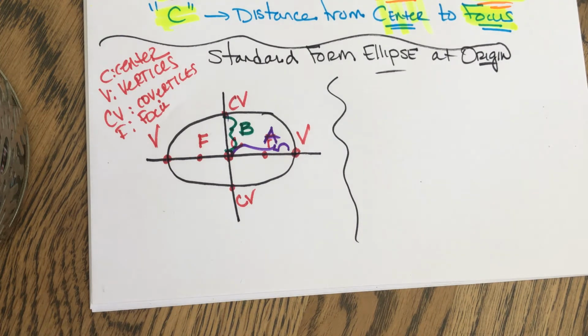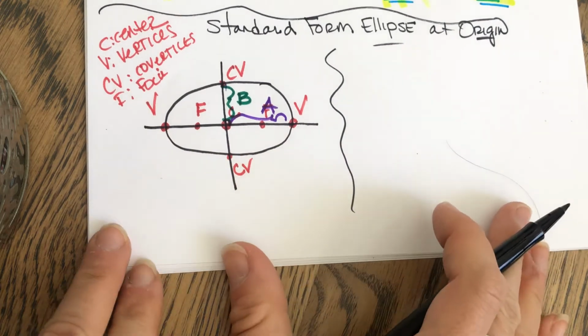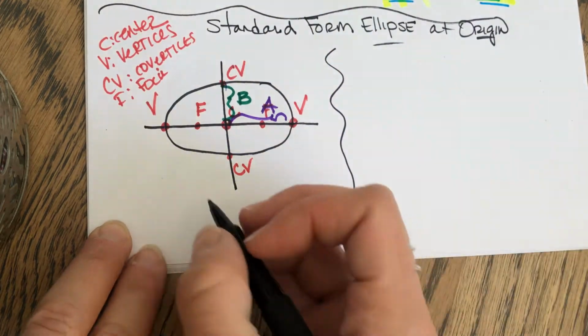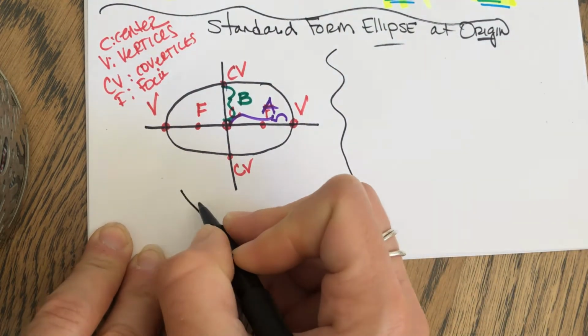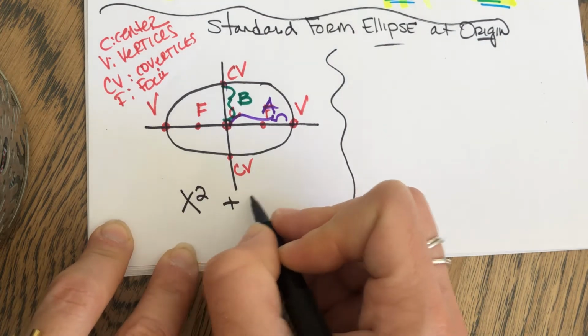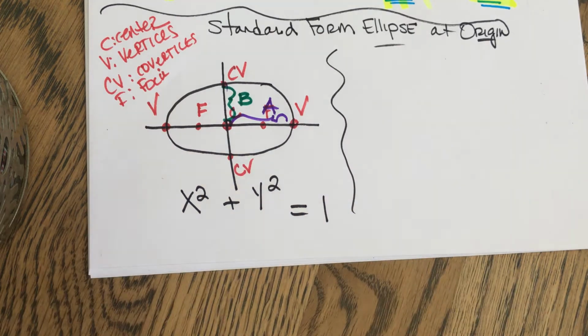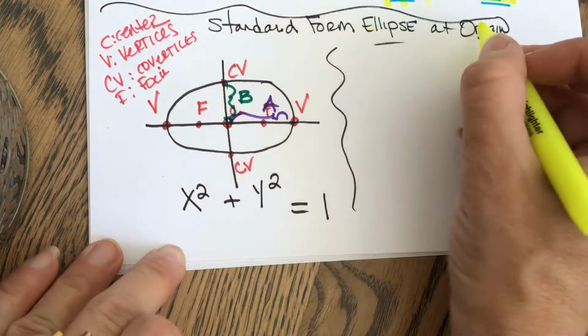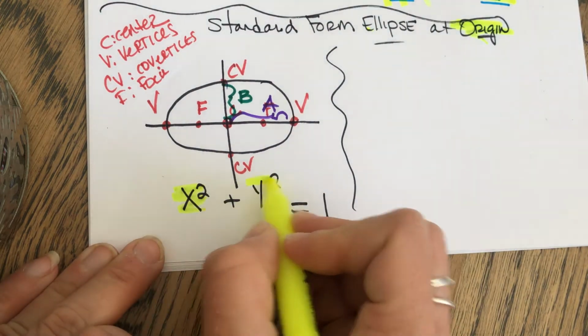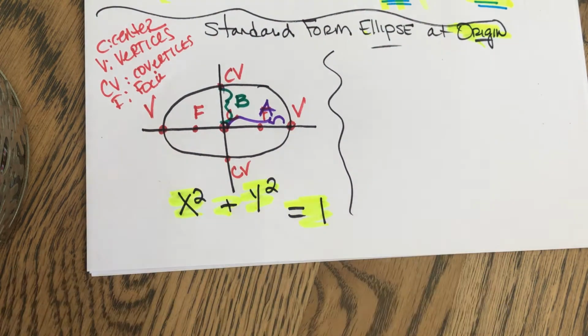So if we were to write an equation for an ellipse, you're going to always start with x squared. So right away, I want you guys to write x squared plus y squared equals 1. Always start like that for now at the origin. So when it is at the origin, write it like this every single time. That'll help you think it out. That's like a circle because it's almost like a circle.